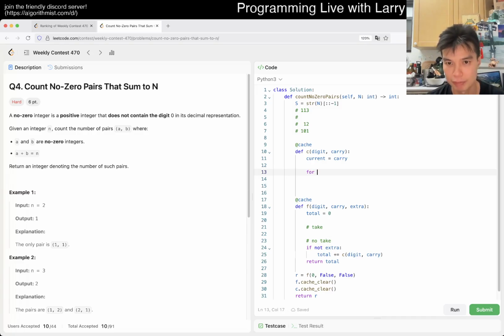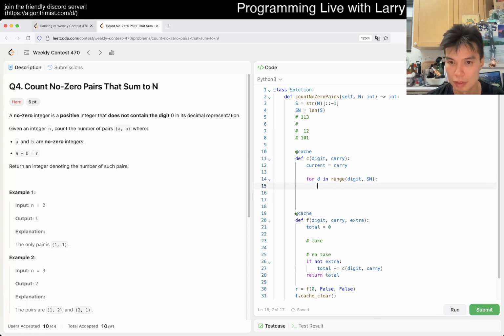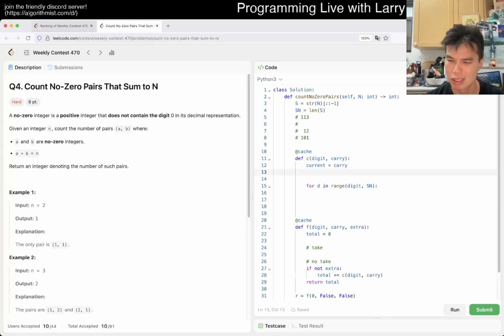Okay, 4. So for each digit from here, okay, wait. Is it this digit or is it 0? Then check. No, it's digits plus 1, right? I think.